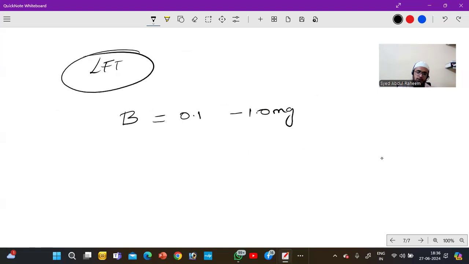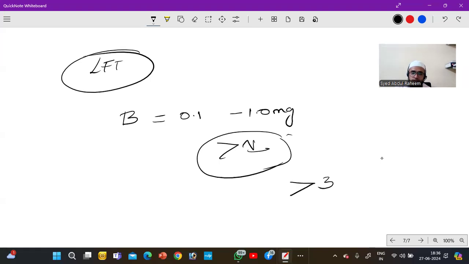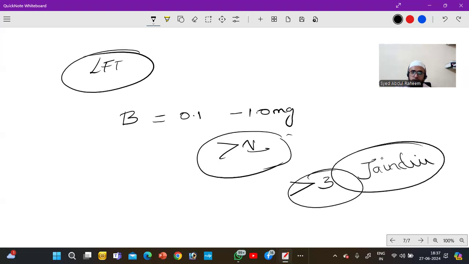If it is more than 1, it means the bilirubin levels are increasing. This is very important. If it is more than 3, it is confirmed there is jaundice. So this is what we have to remember about the LFT.